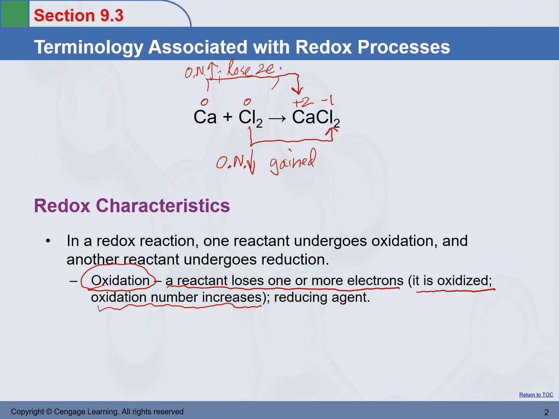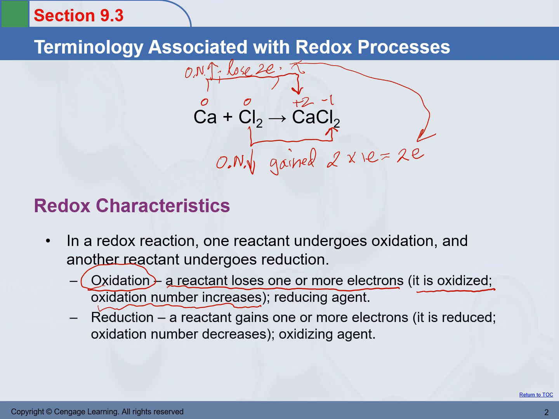So each chlorine gained 1 electron. But there are 2 chlorines involved in this reaction. So it gained 2 times 1 electron. It actually gained 2 electrons. As you can see, the electrons lost from calcium are the same as the electrons gained by the 2 chlorine atoms.